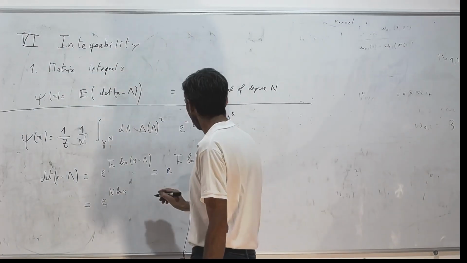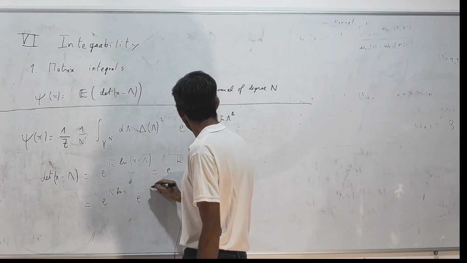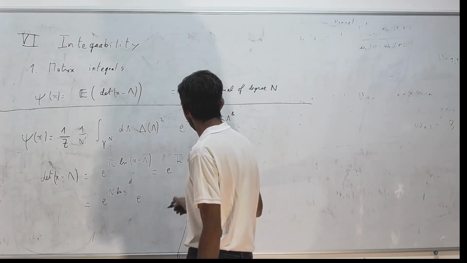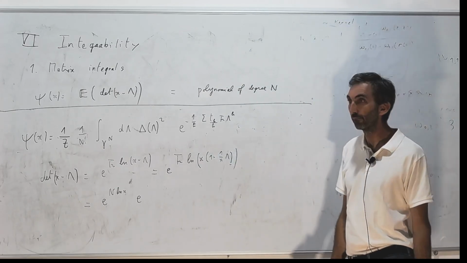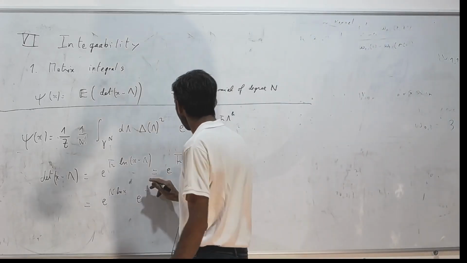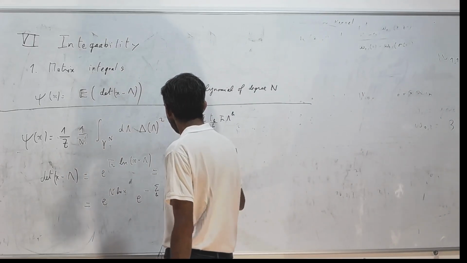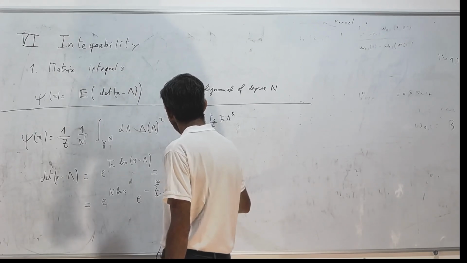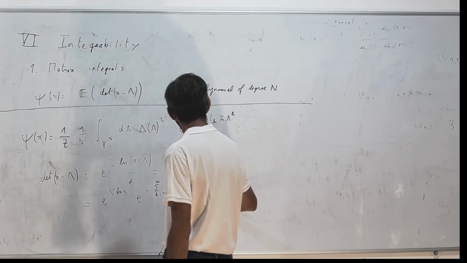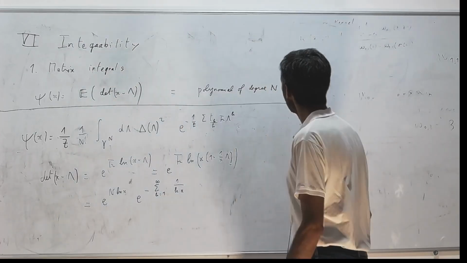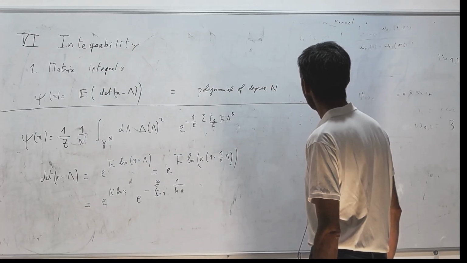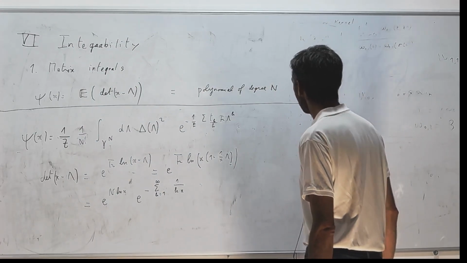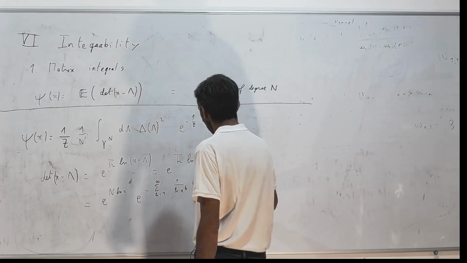And exponential trace of log, and let's expand at large x, let us expand the log. So it will be minus sum over k equals 1 to infinity, 1 over k x to the k, trace of lambda to the k.